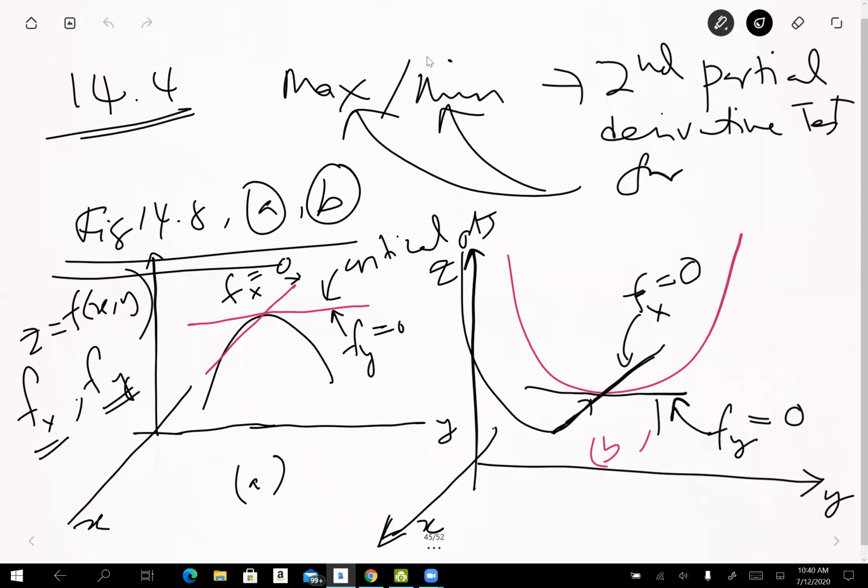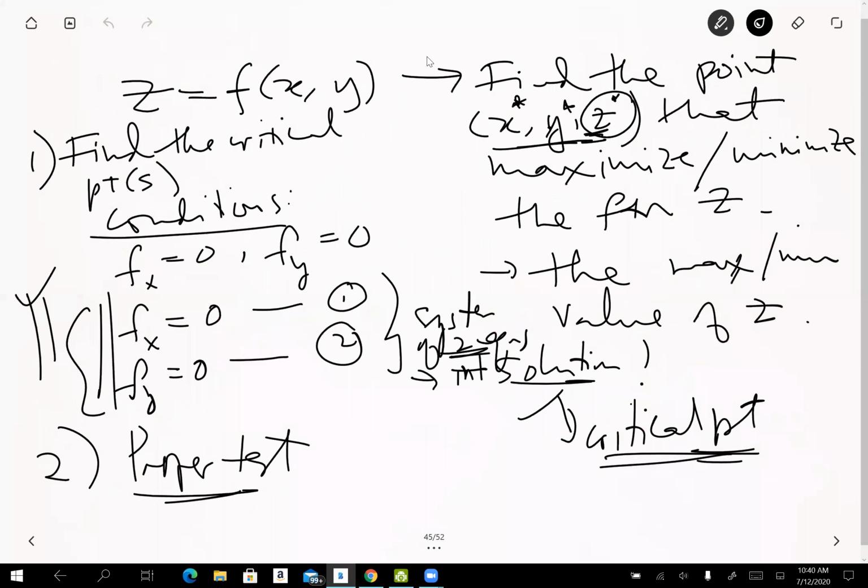The condition for a critical point was what? fx equal to 0, fy equal to 0. So from the partial derivatives, you have two equations, and from these two equations we have a system. A system of equations may not be linear. One function can be linear and the other may not be, or both are linear.